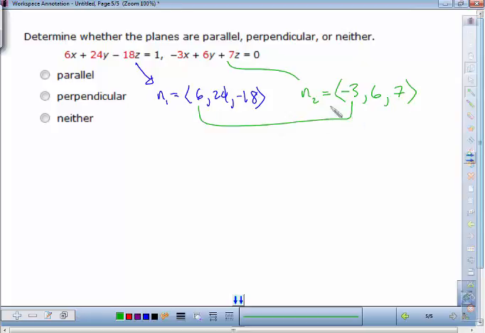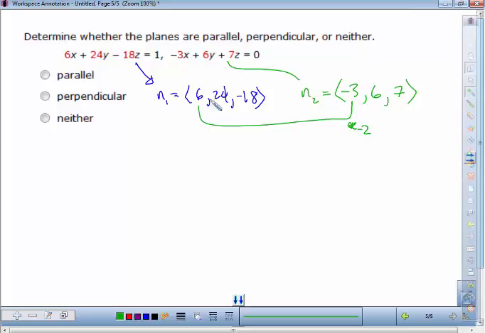You could say 6 and negative 3, if I multiply this by negative 2, I'm going to get 6. So I would need to multiply everything by negative 2, and if I get them to match up with the other vector, then I could say that they're collinear, they're parallel. They're scalar multiples of each other.